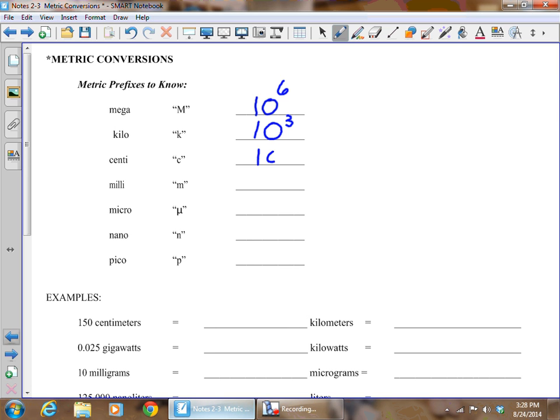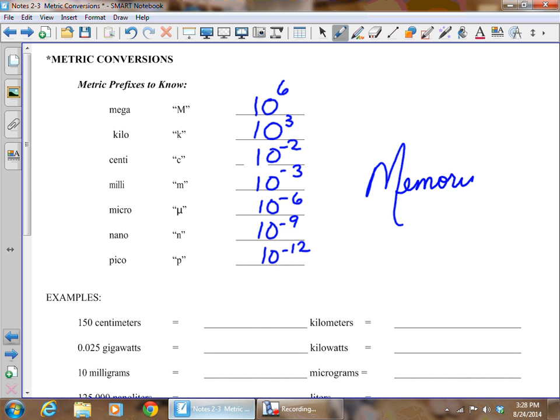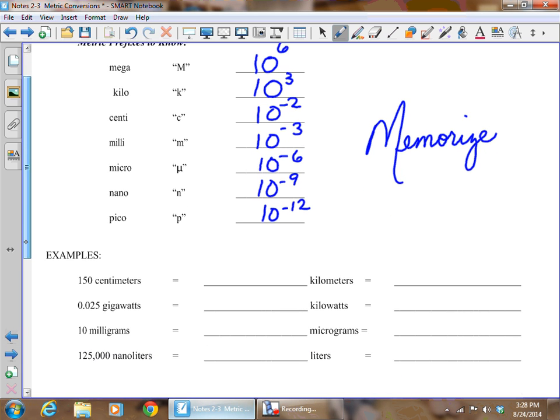Centi is 10 to the negative 2nd. Milli, 10 to the negative 3rd. Micro, 10 to the negative 6th. Nano, 10 to the negative 9th. And pico, 10 to the negative 12th. So those are the ones that I'm going to ask you to memorize for this course. Again, we use them quite often, some more than others, but these are the main ones we use in chemistry, and I would like you to memorize those.